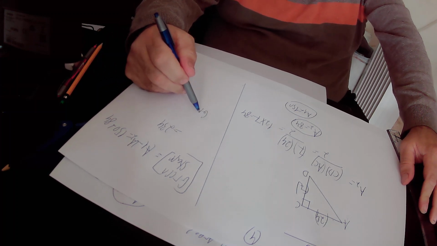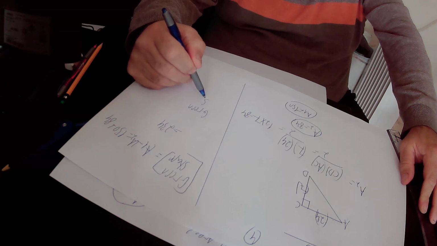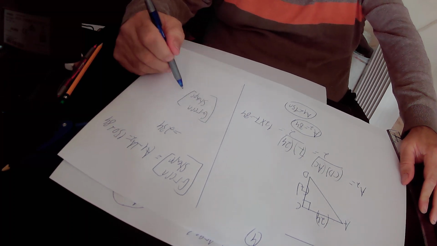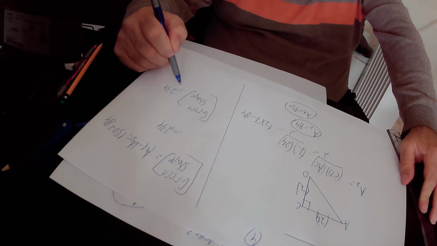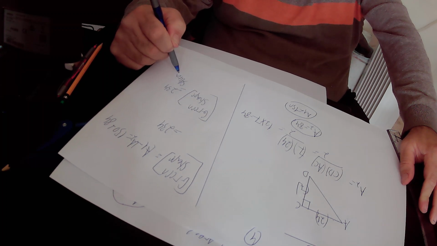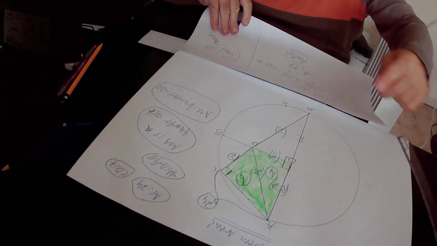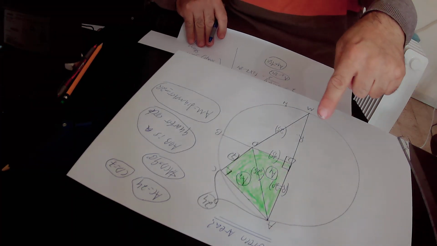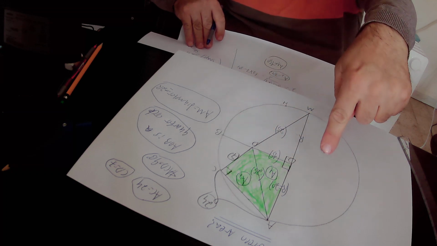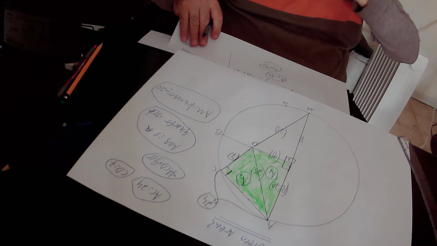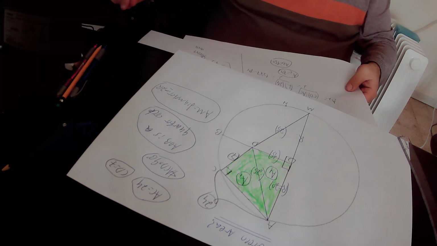We found that the area of the green shape, according to the second method, in total equals 234 square units. So we finish with the second method.